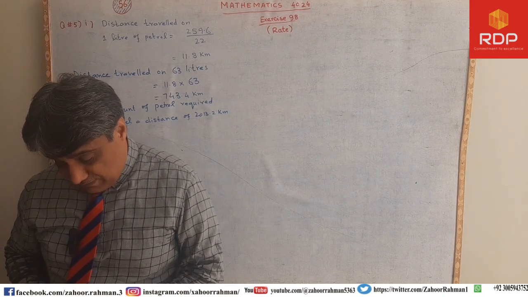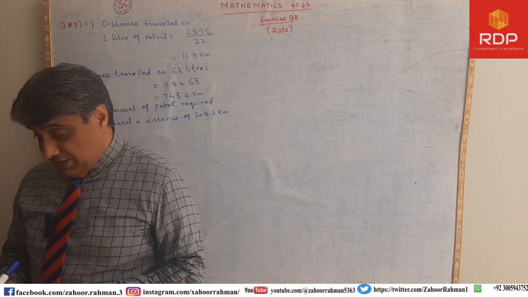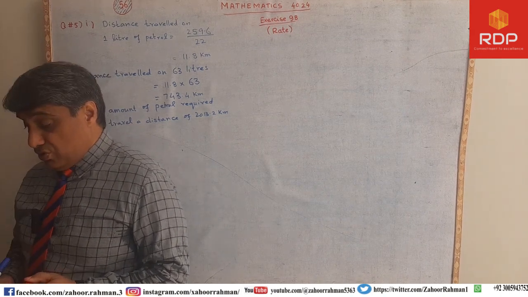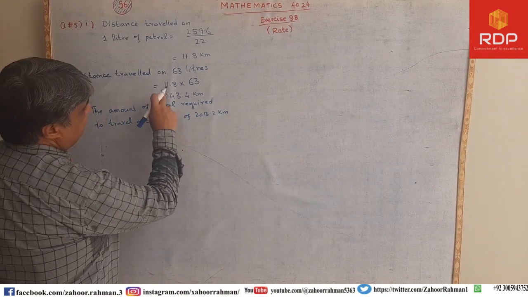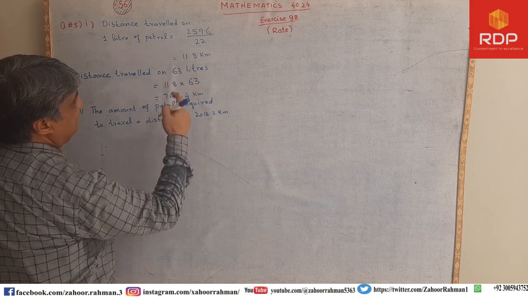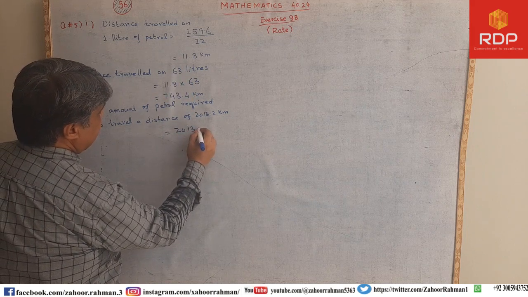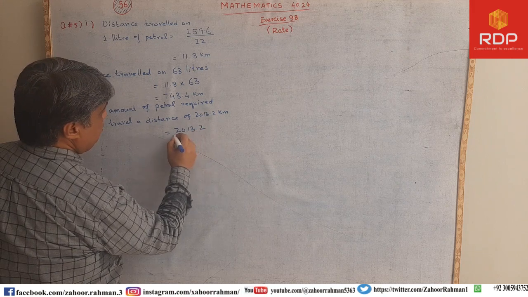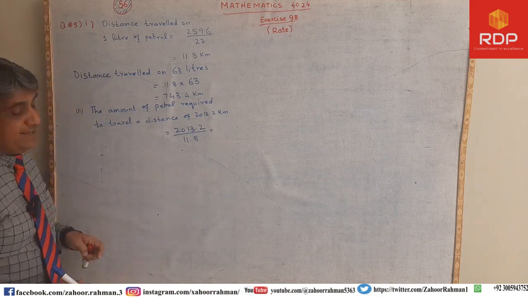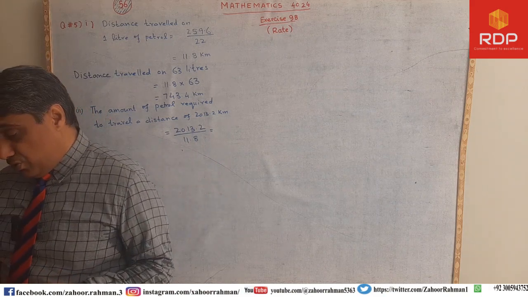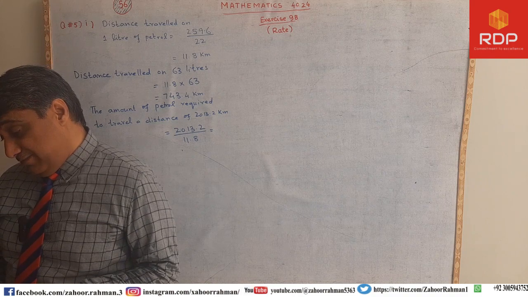Yes, it is given to us. So we have to divide that by this value for 1 liter. So 2013.2 divided by 11.8, and that comes out to be 170.